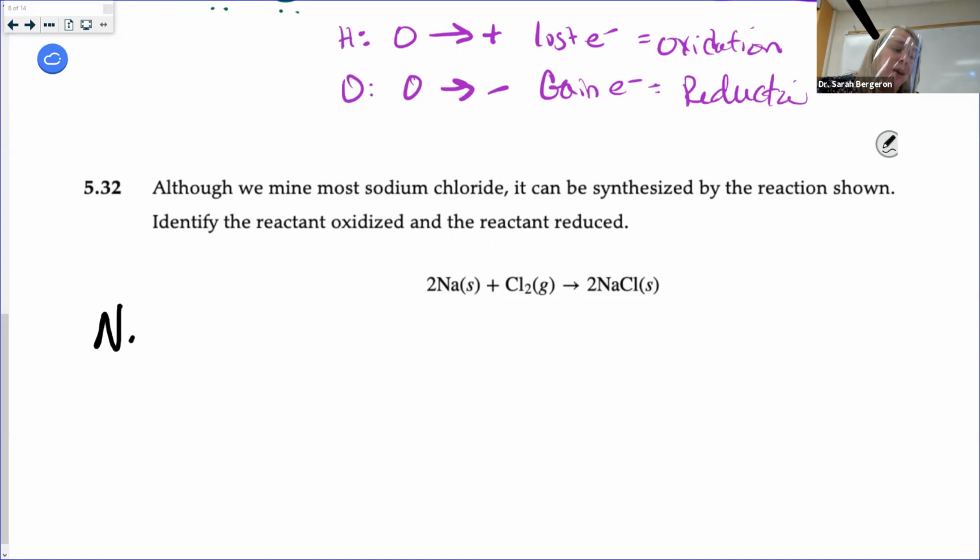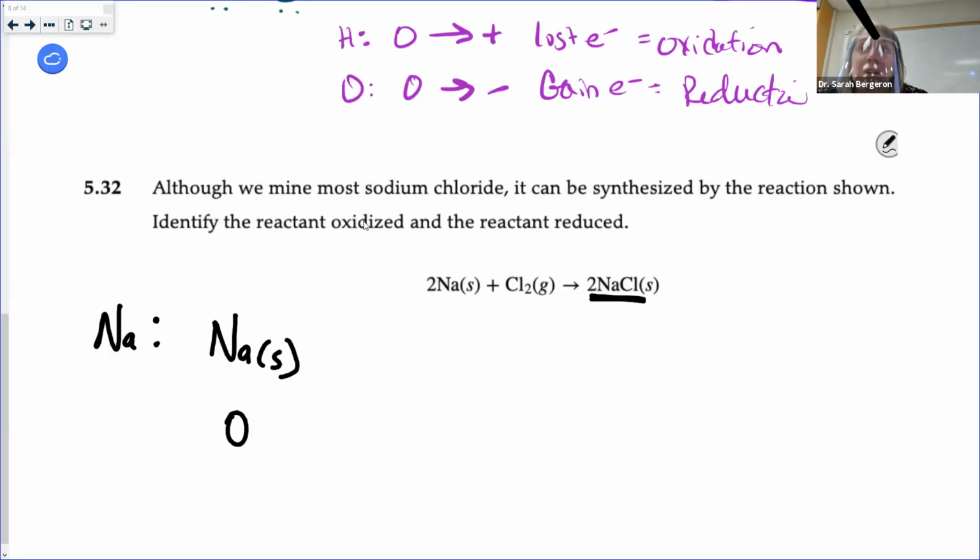Tell me about sodium in this reactant. I start out with sodium as a solid. Do I have a charge here? No, it has a charge of 0. When I come over here, what is that? That's actually salt. So it's what kind of a compound? It's an ionic compound.